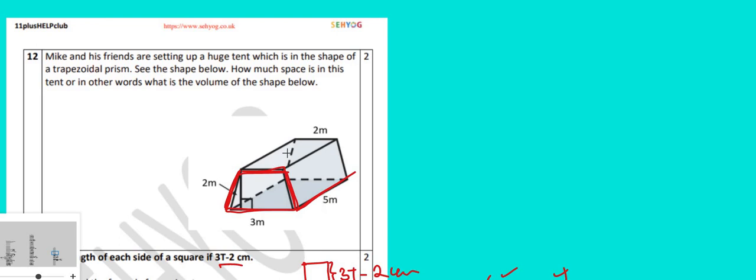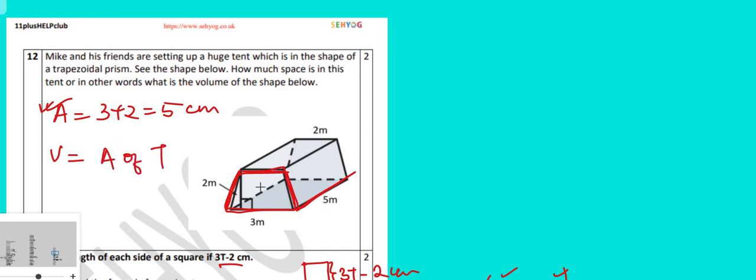So for this one, the formula for finding it is the area. The area of this is 5 centimeters and the volume for this is area of the trapezium, that is this, multiplied by the height, that is 5 centimeters.